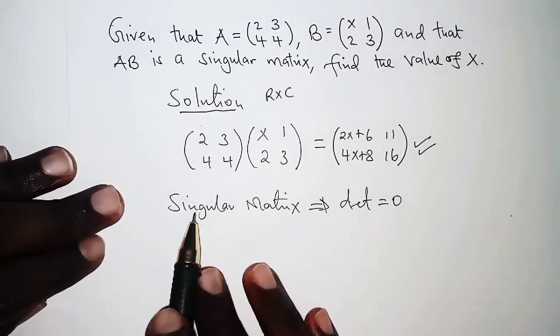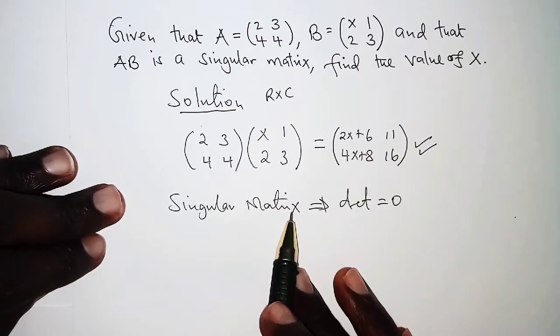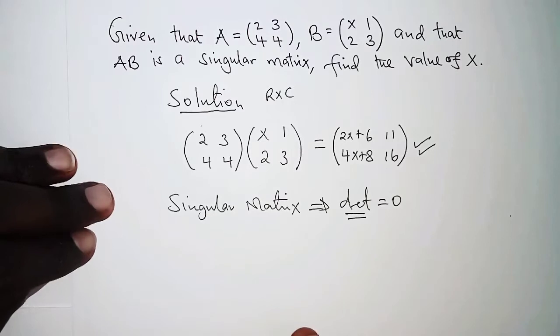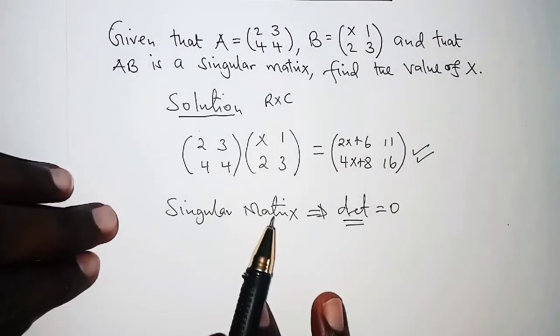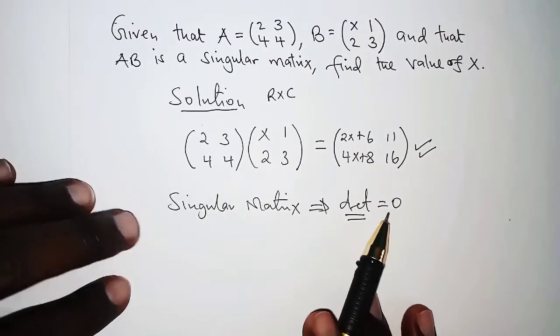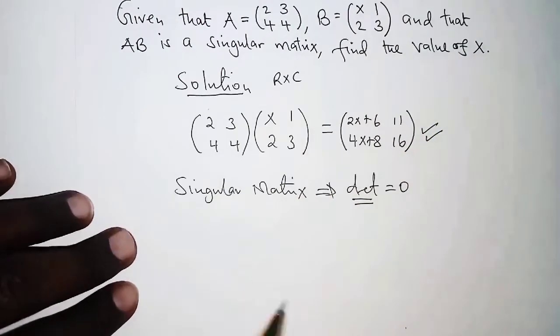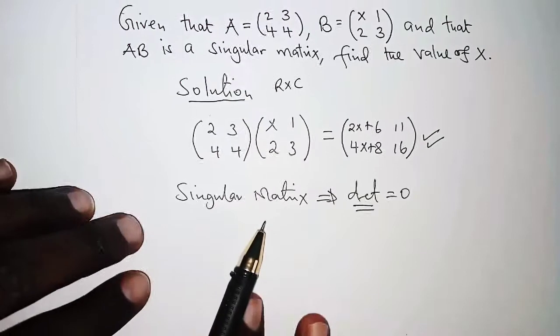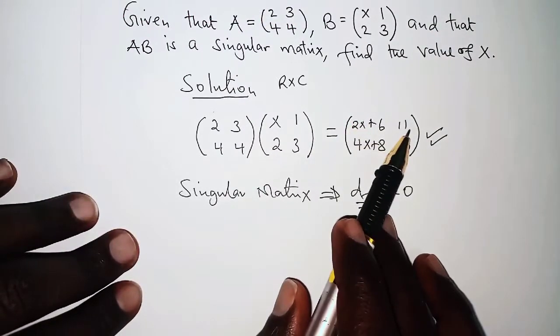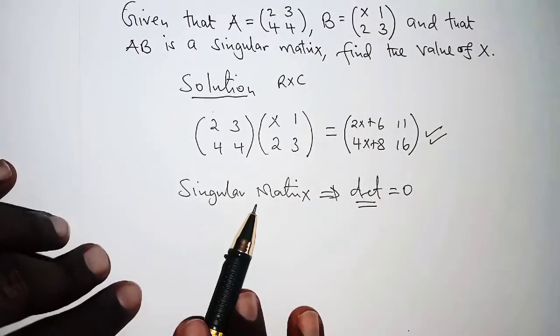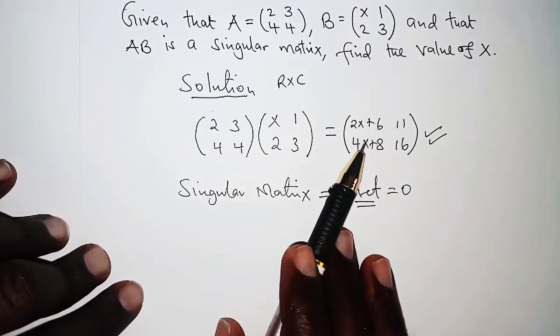So if you're told a singular matrix, what you need to recall is that its determinant is 0. In other words, it does not have an inverse. So we simply get the determinant of this particular matrix and equate it to 0. From that equation, we'll be able to get the value of x.